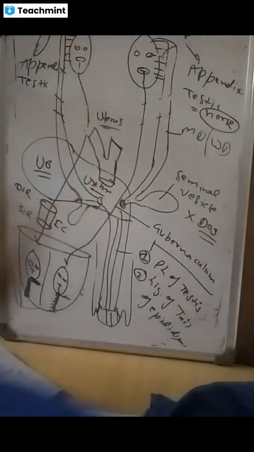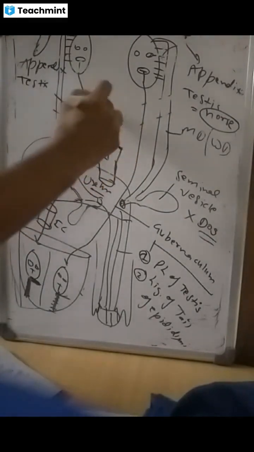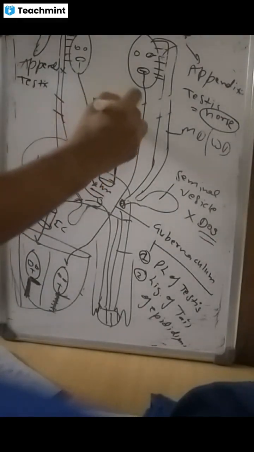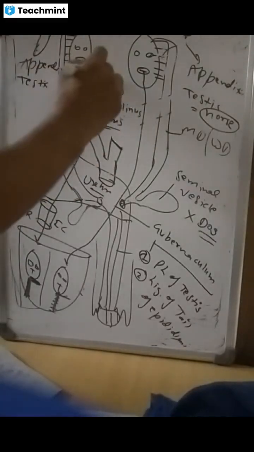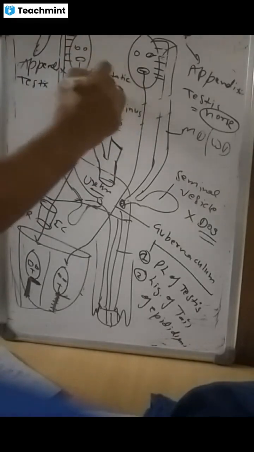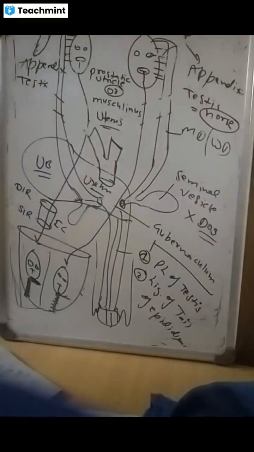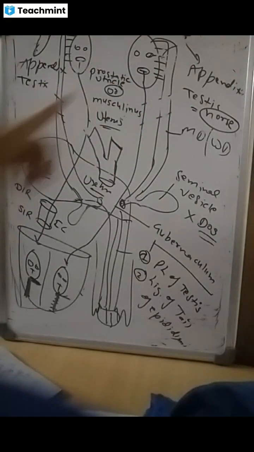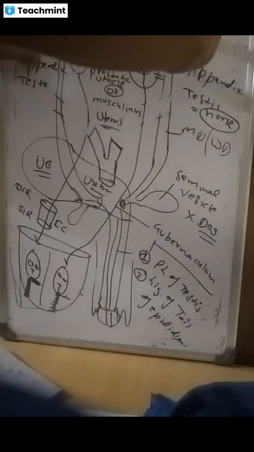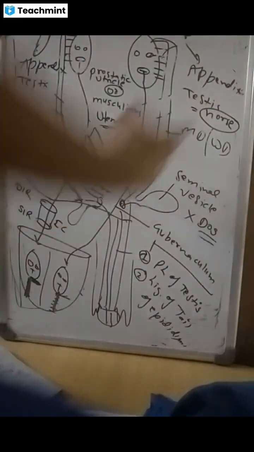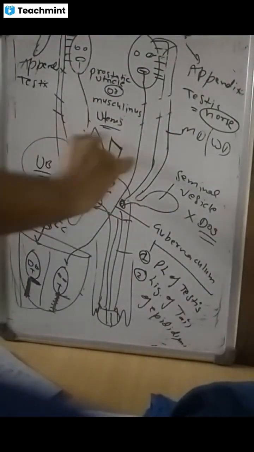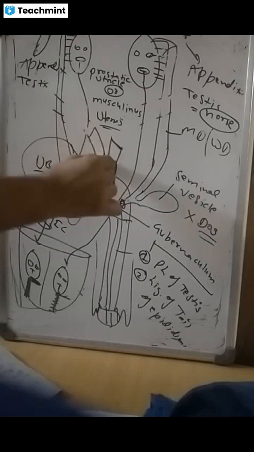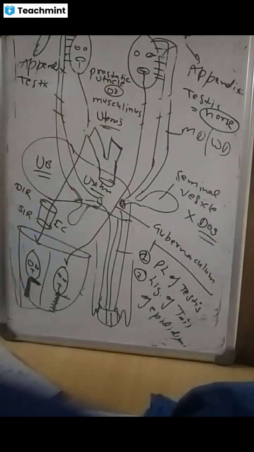The name of the structure is called uterus masculinus, or there is one more name, prostatic utricle. So two remnants, one at the cranial part, one at the caudal part: the appendix testis, and this one which looks like a uterus, its name is uterus masculinus or prostatic utricle.